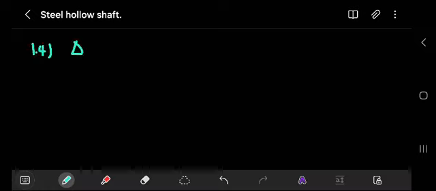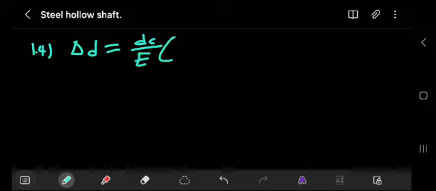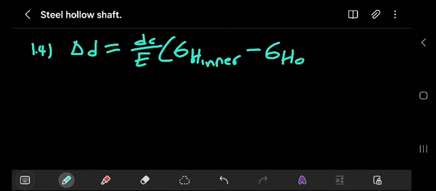Shrinkage allowance at the common diameter is D common over Young's modulus times the hook stress in the inner shaft minus the hook stress of the outer.